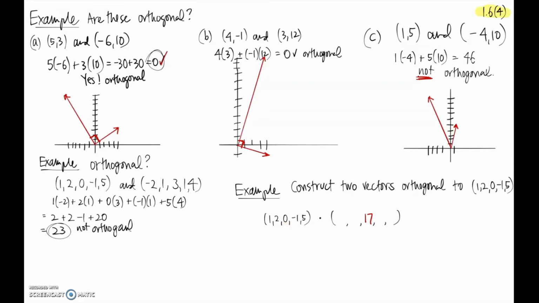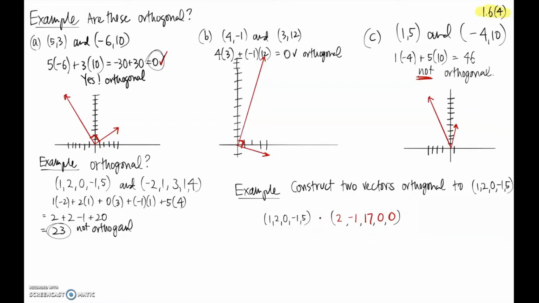Now, we just need to be clever about constructing the other ones. What if for the first two elements, I say this is a 2 and a -1? That would give me 2 times 1 is 2, and -1 times 2 is -2. Those would 0 out. My third element is already 0, and I'm just going to force these guys to be 0 as well by making them 0.